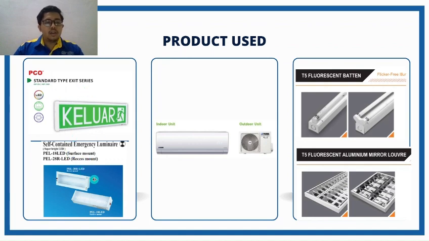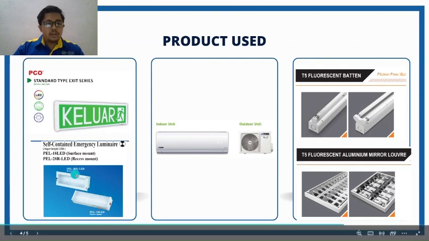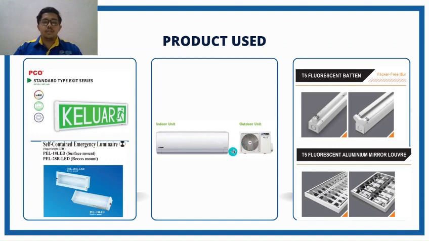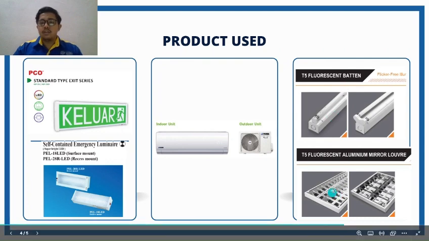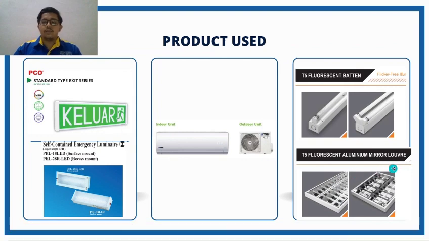For emergency light, we use one from PNE TM, self-contained emergency luminaire, surface mount. And for the aircon split unit, we use the York brand. Then for lamps, we use T5 fluorescent batten 1 times 28 watt and T5 fluorescent aluminium mirror louvre 4 times 14 watt.